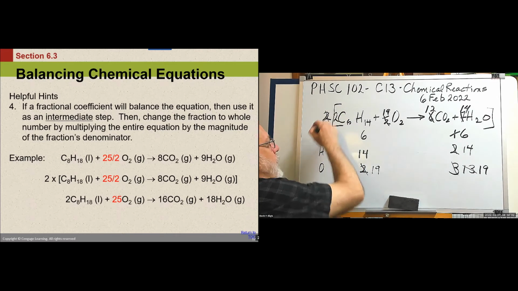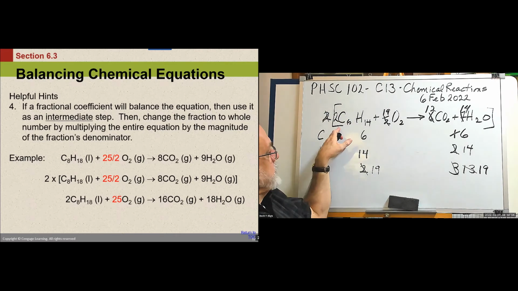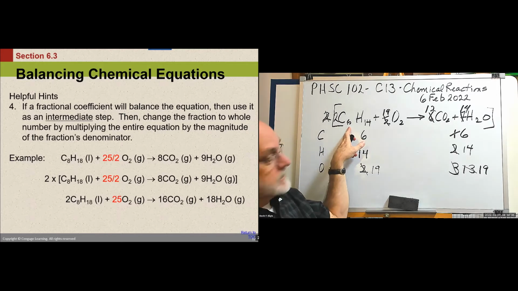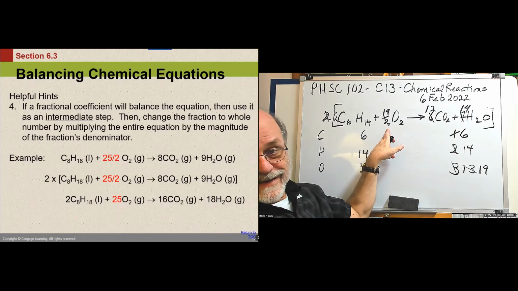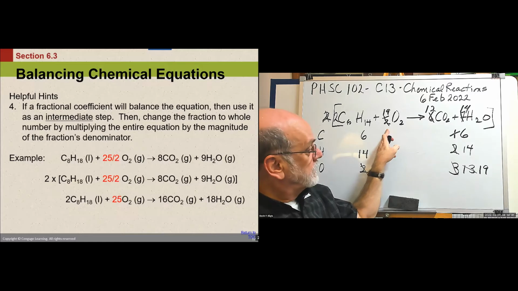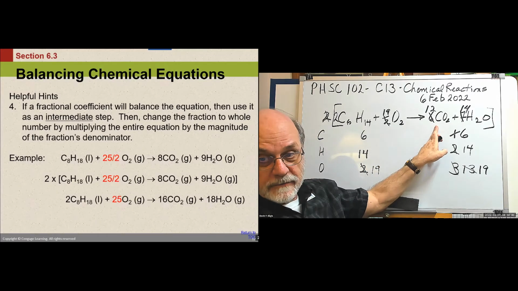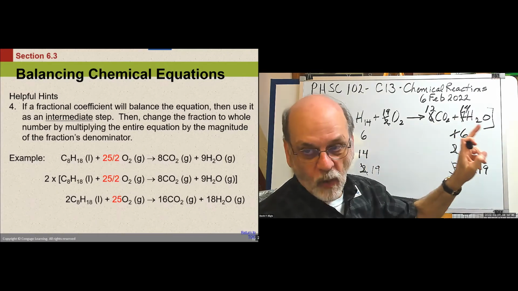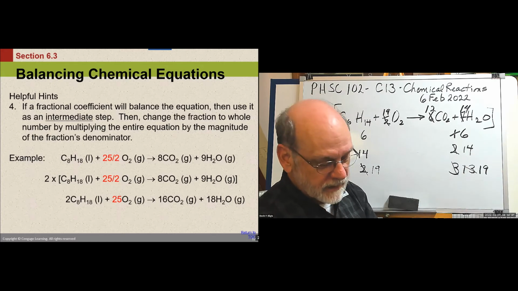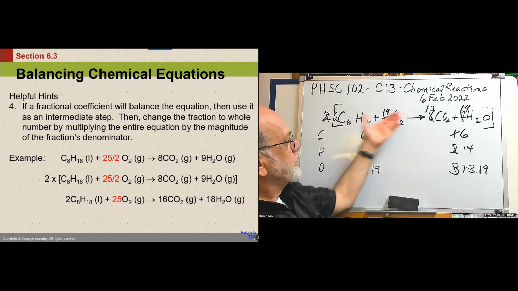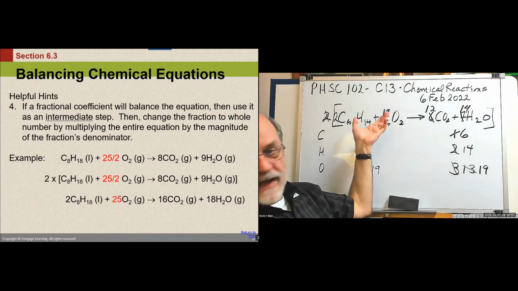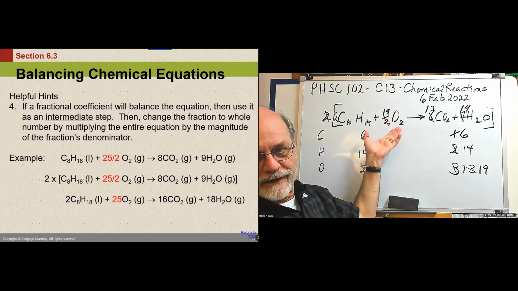Okay, so now that one's gone. So our balanced equation is 2 hexane plus 19 oxygen molecules yields 12 carbon dioxide plus 14 water. That's balanced, and you can check it. There's no way to reduce this one any further because 19 is a prime number. You can't divide anything into it.